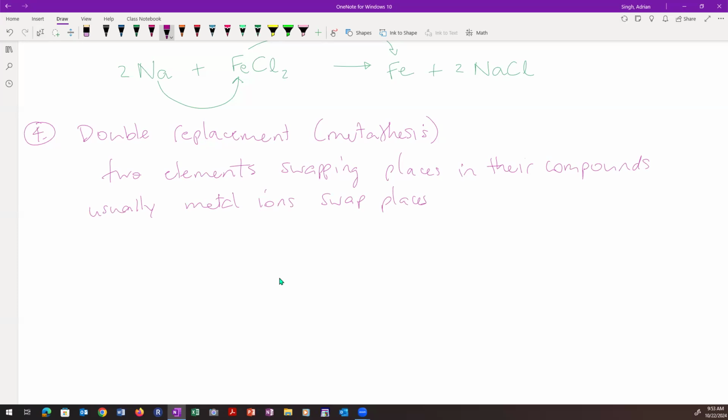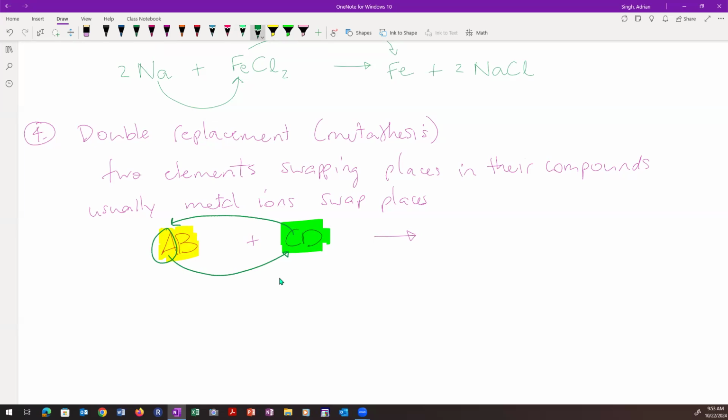So generally, we can say if I have a compound AB, let's say an ionic compound AB, reacting with another ionic compound CD, okay, let me highlight these here. So this is AB, and then we have CD, and we'll do that in green. Okay, the A can come in and take the place of C, and then the C can take the place of A, right? So you have two things that are swapping places with each other.